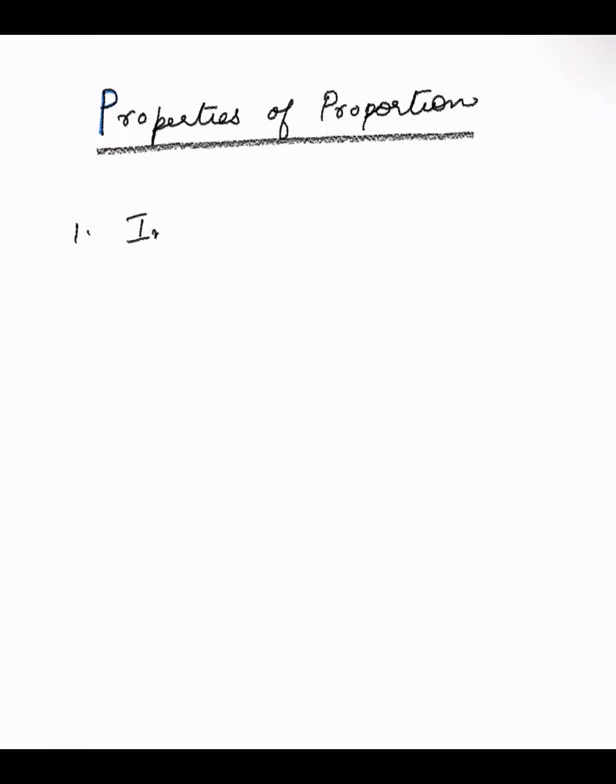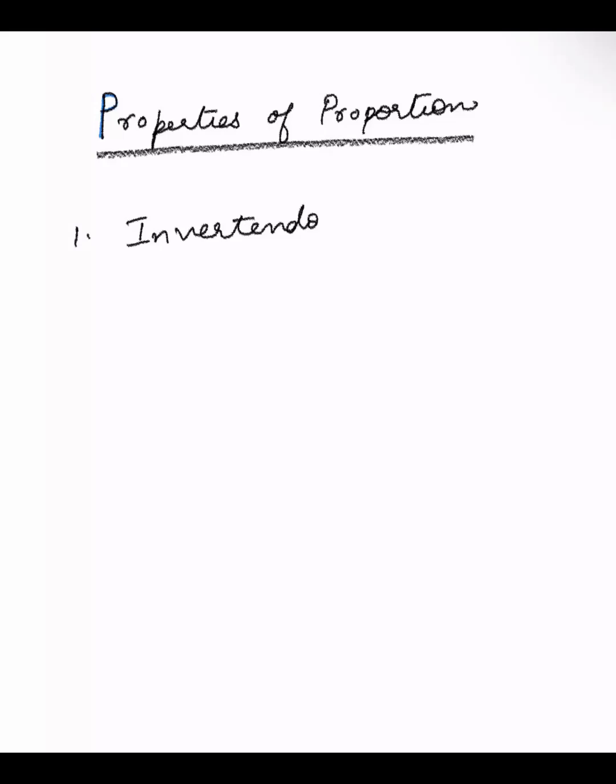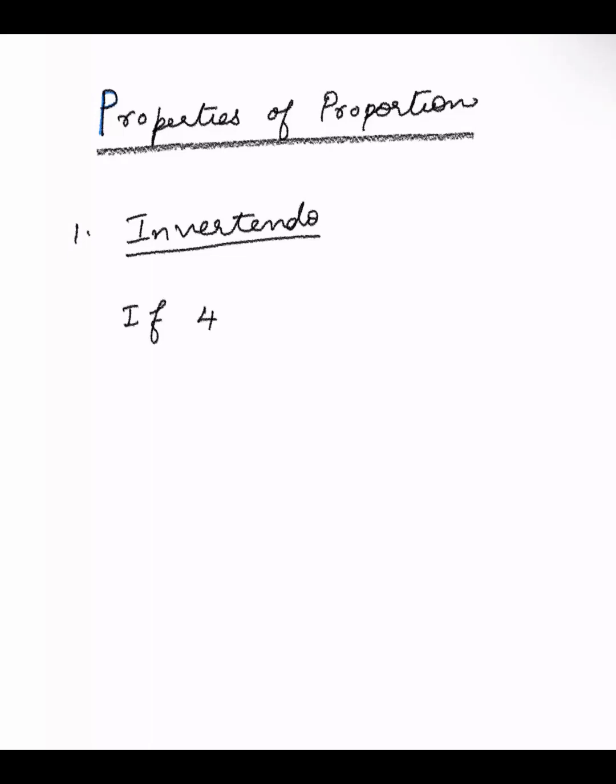First property is invertendo. This is the name of the first property. So we have four non-zero quantities A, B, C, and D that are in proportion.